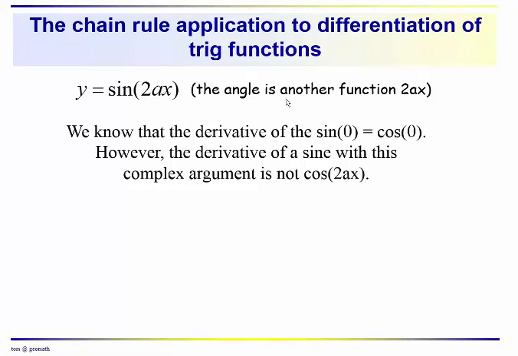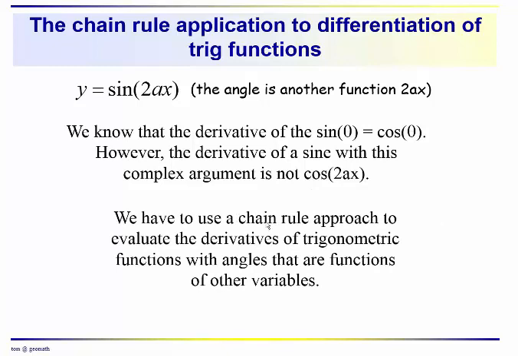The angle is a more complex function of x, 2ax. So we know that the derivative of the sine of theta is equal to the cosine of theta, but we have this complex argument here, and we have to note that the derivative of sine of 2ax is not going to be cosine of 2ax.